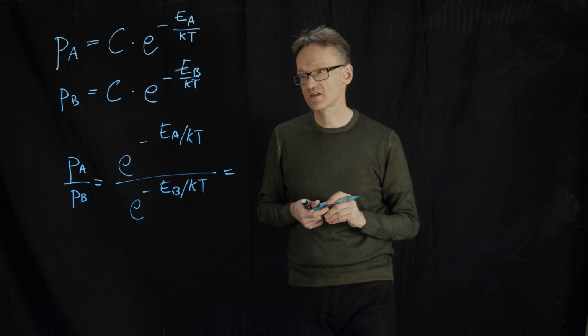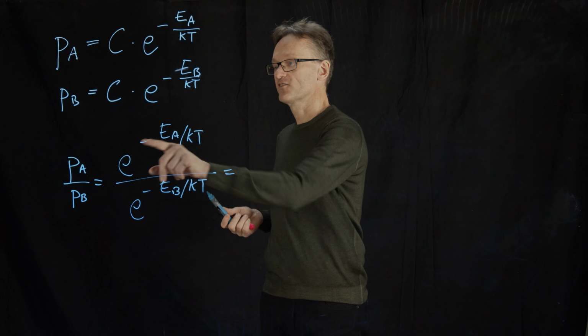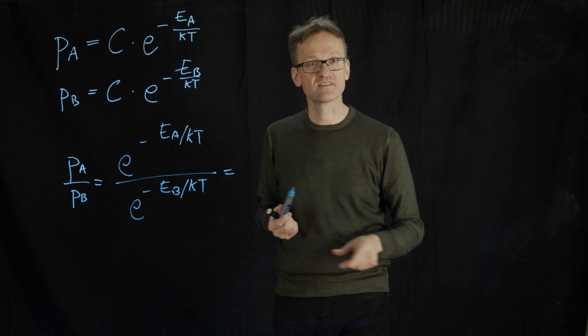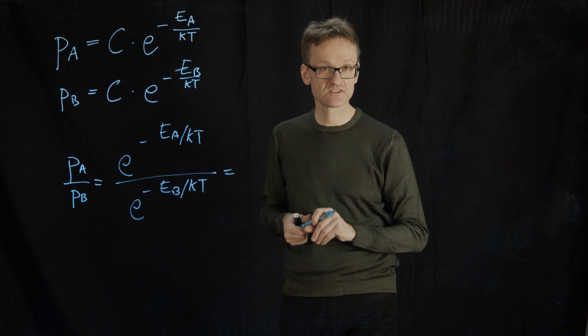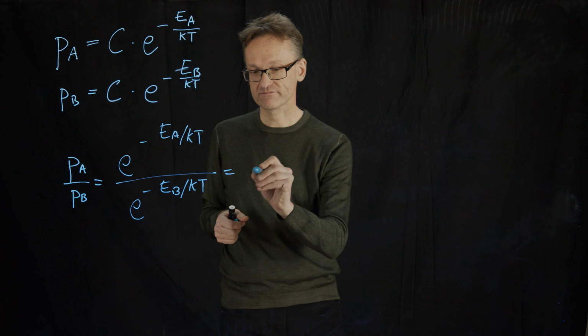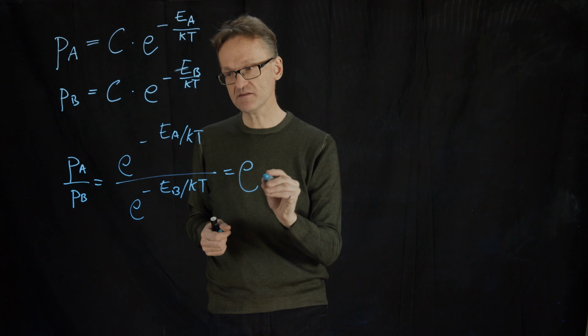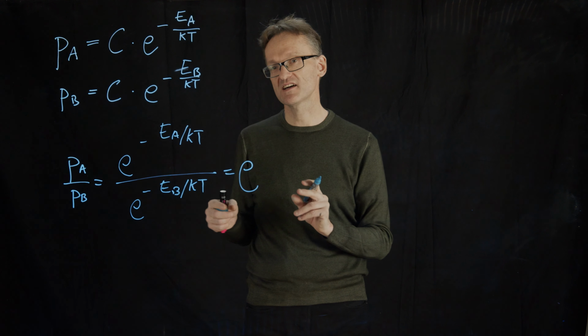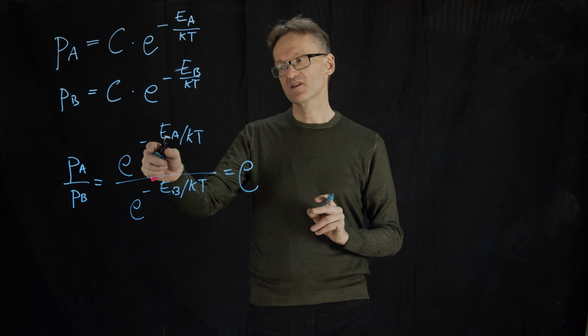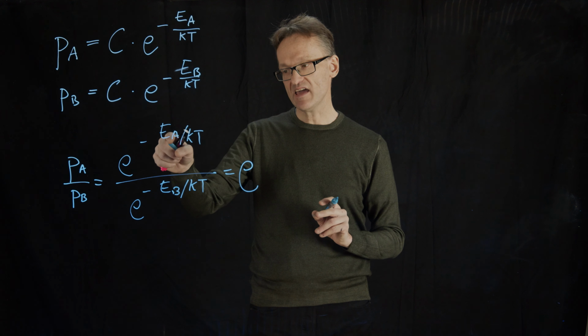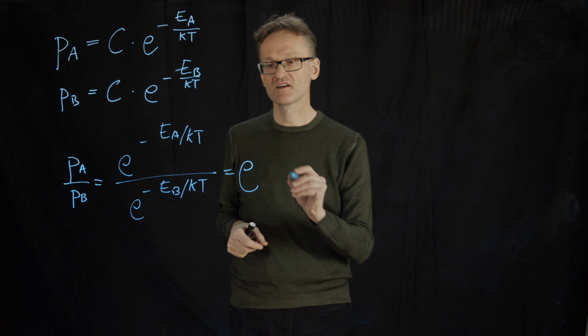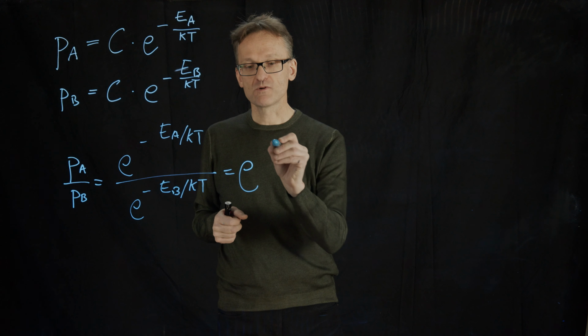But if you know your exponential and logarithm laws, if I have a quotient of two exponentials, that turns into the difference of the exponents, right? You all knew that by heart. So this I can write as e, and now I have to be careful with the minus sign. You know what? It's much easier to write it this way.